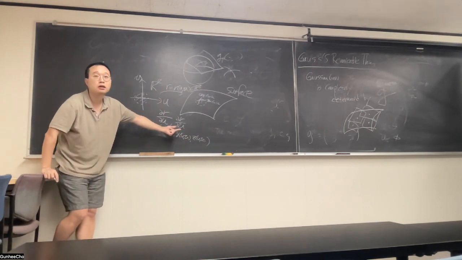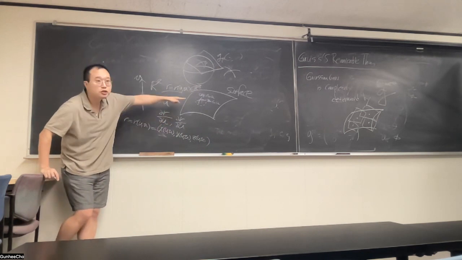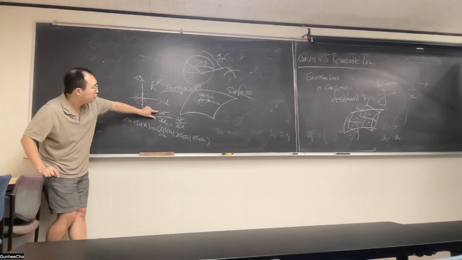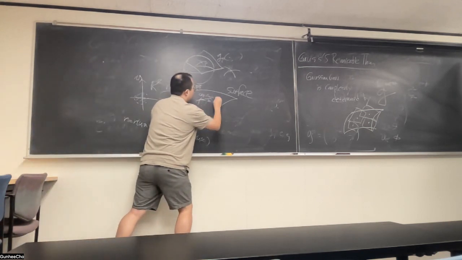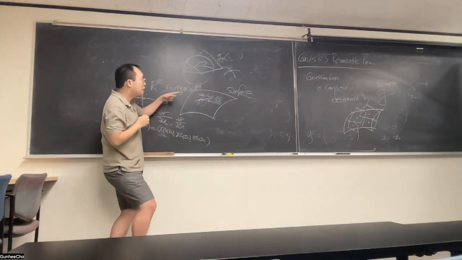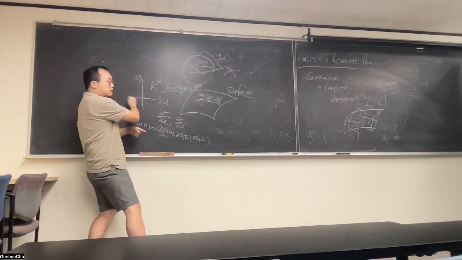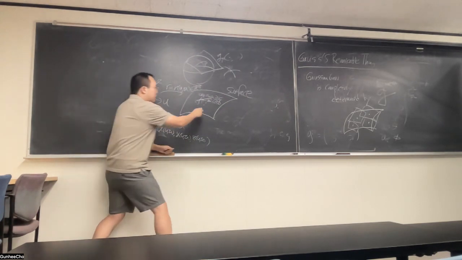Same for V. Got it? But let's try to imagine what the corresponding picture would be. What's the meaning of taking the partial derivative with respect to U? That should mean this one. You agree? This is just the infinitesimal direction along the U-axis. What about this guy? This guy corresponds to this one.